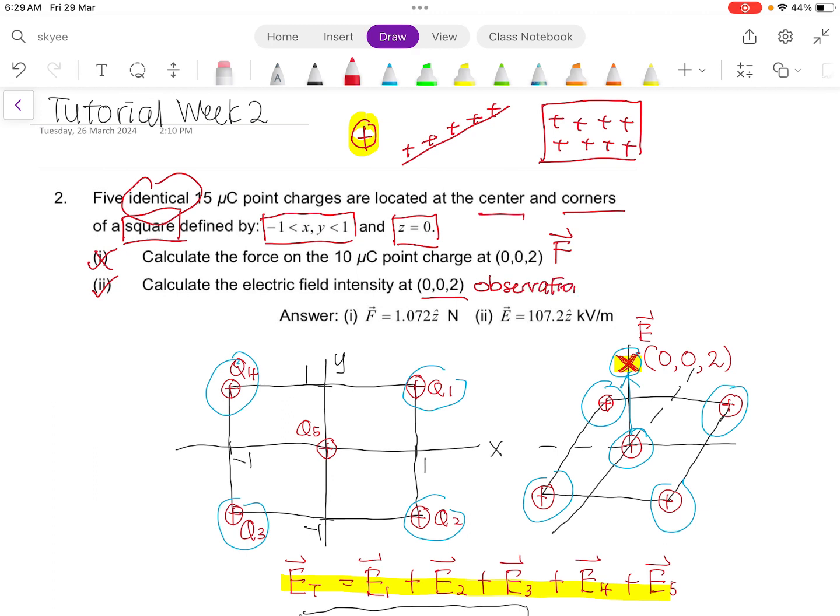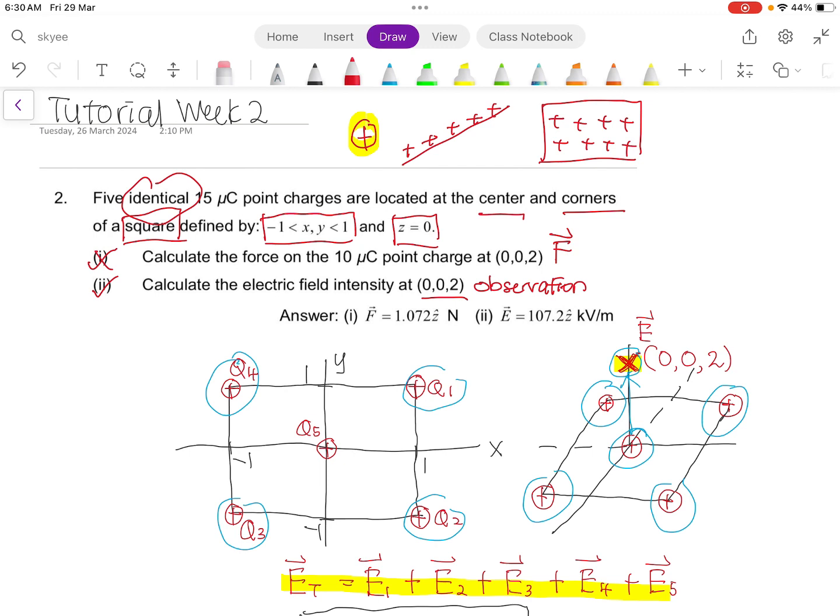Observation point means that we want to observe what the electric field intensity is at this position. First of all, we draw the charges, located at the center and at the corners. There are 2 options for you, whether you want to draw it in 2D or 3D.